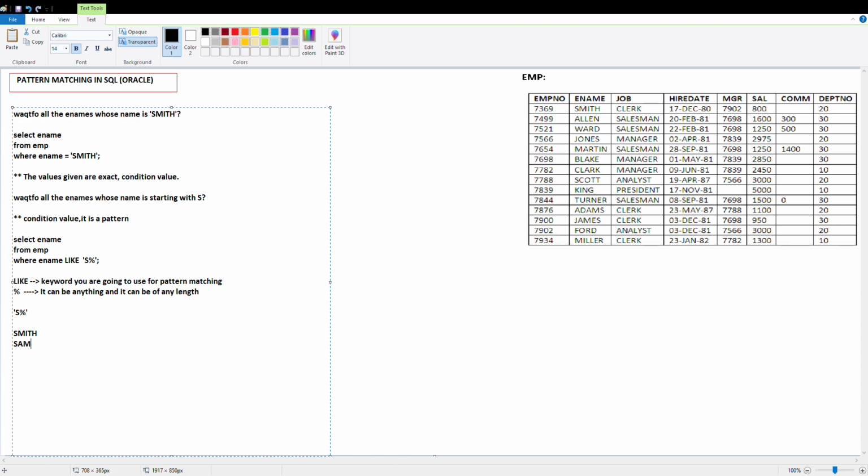If there is a name called Sam, this will get shortlisted. If there is a name S, that also will be shortlisted. So these are the valid values. Now if I keep only percentage, what will happen? All records will be shortlisted.